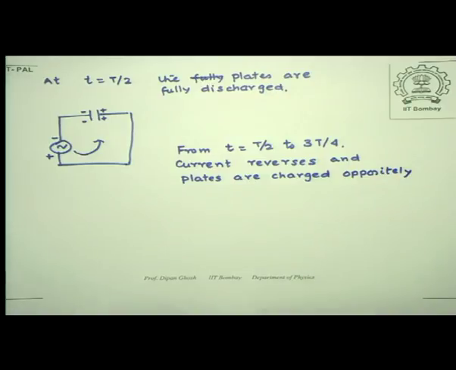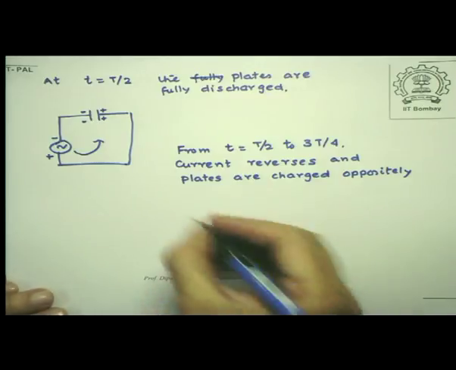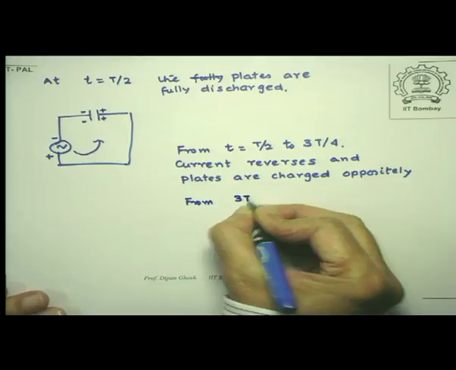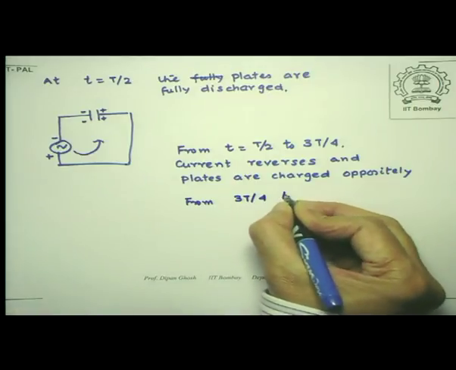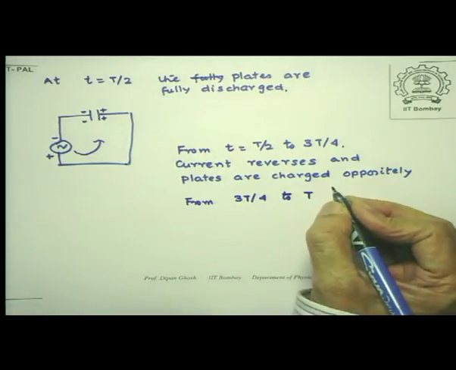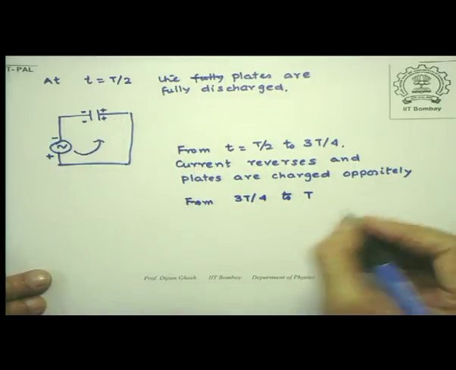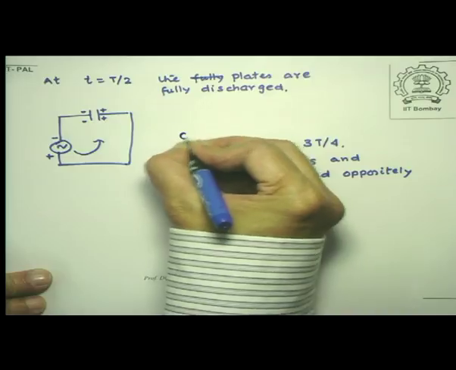Once again, at 3T by 4, the voltage in the negative direction has become maximum, and once again, when you go from 3T by 4 to T, the discharging takes place. So this is charging again.